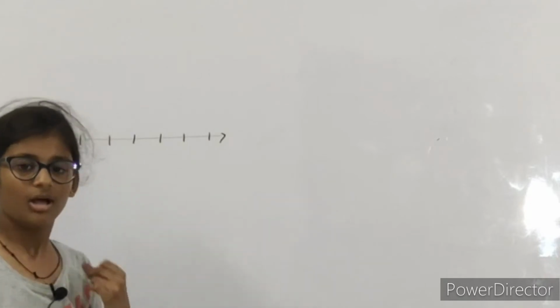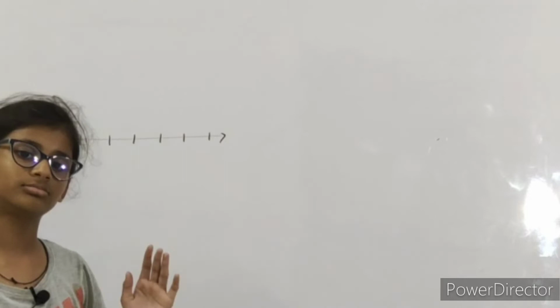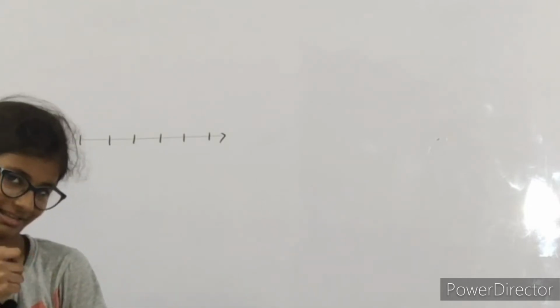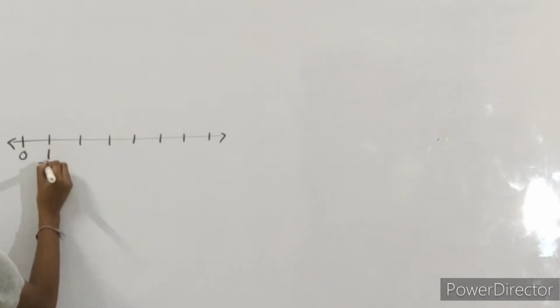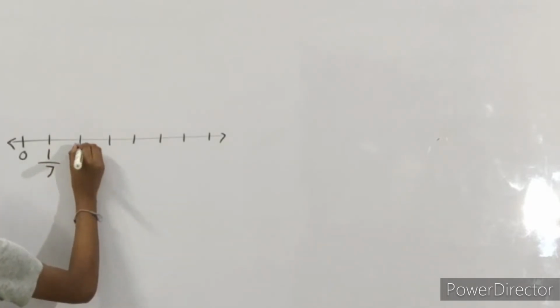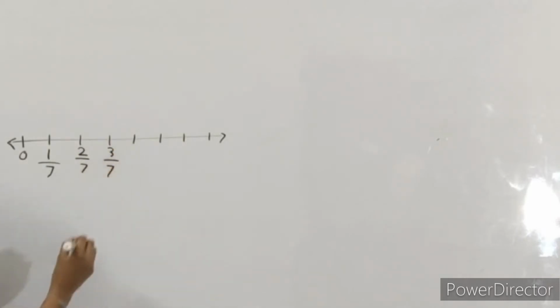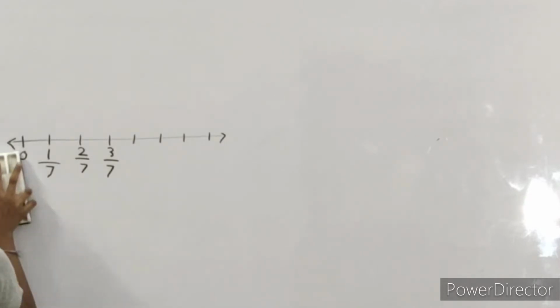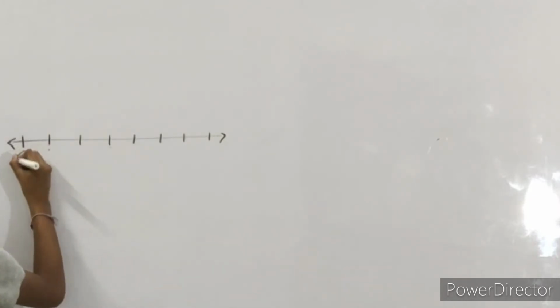Yeah, that's it. Now if I make any mistake, I'll correct it like this, nothing else. Then 0, so 1 by 7, 2 by 7, 3 by 7, like this. I know I'm again making them small. Now if I make them small, you all adjust. I can't do anything.